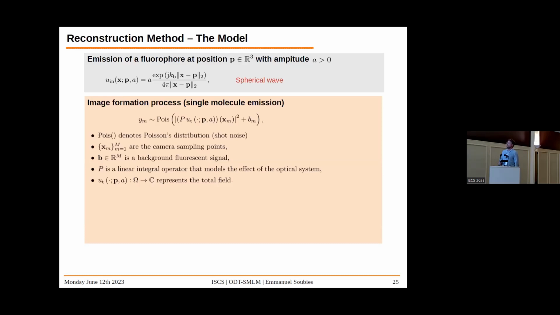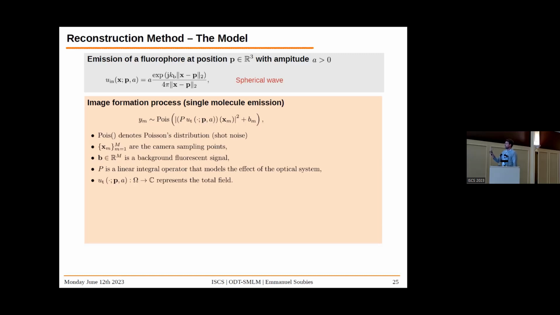And then the image formation process that we consider is of this form. Here, what we see first, U_T, is the total field, that is the scattered field from the sample plus the incident field. I will discuss this total field a bit later.